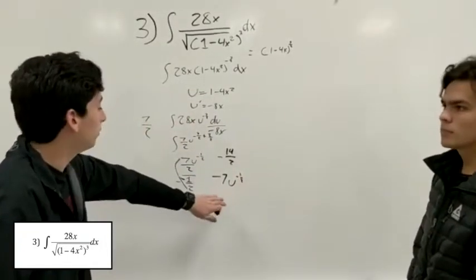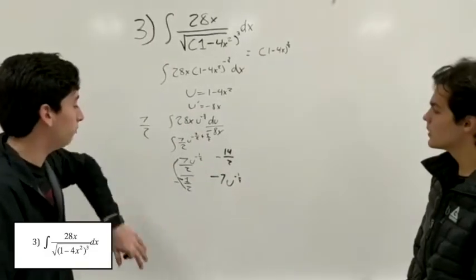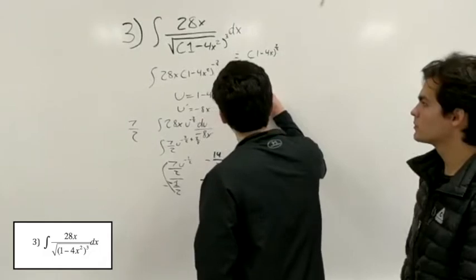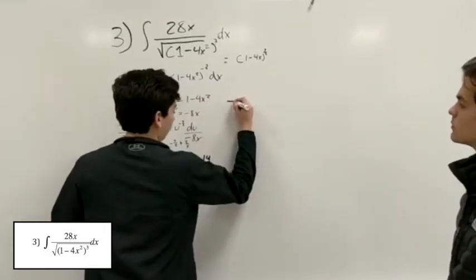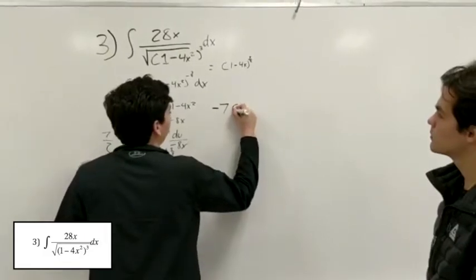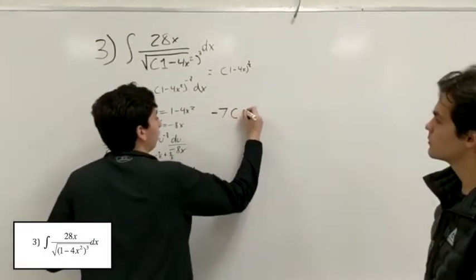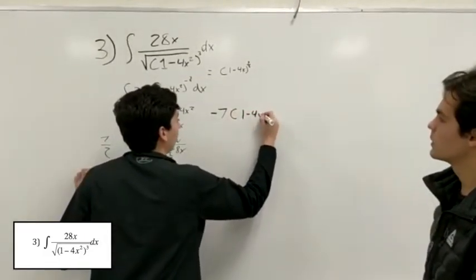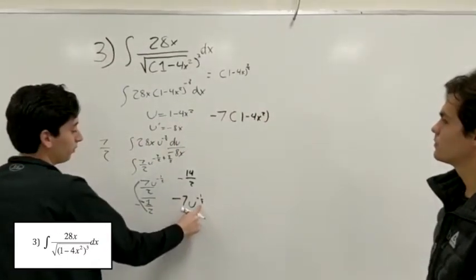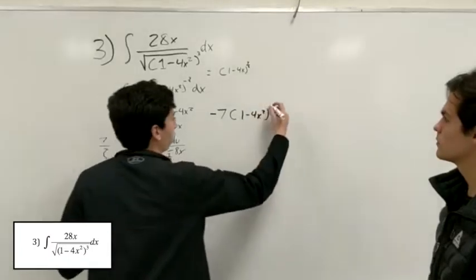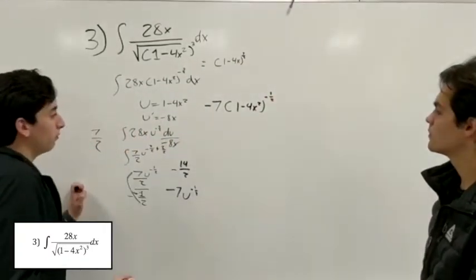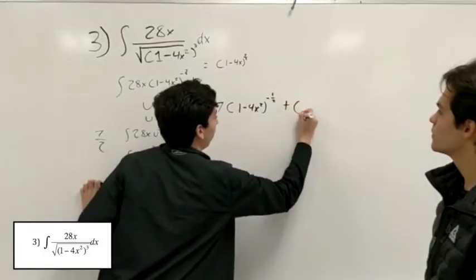So this is our equation. We must write it with a u, the equation. So negative 7 times the u, 1 minus 4x squared, and the exponent that we have before, negative 1/2, plus c.